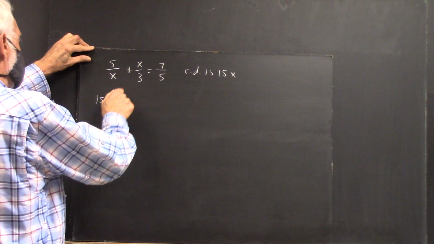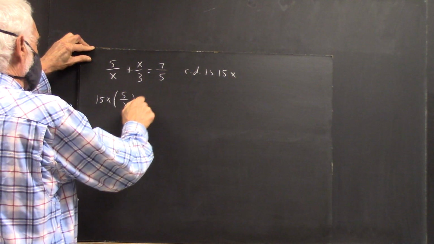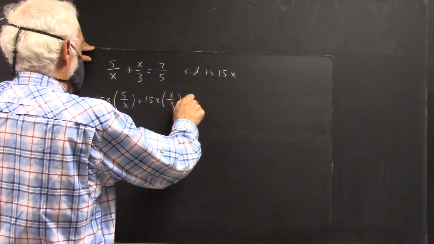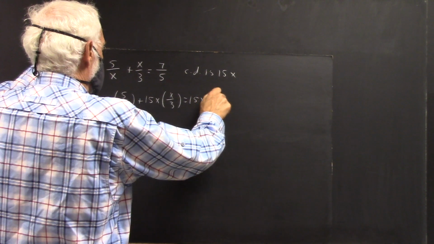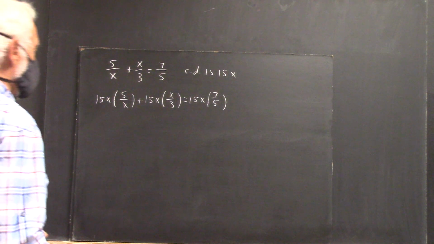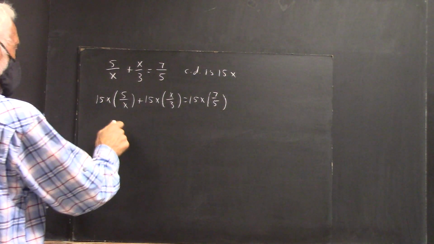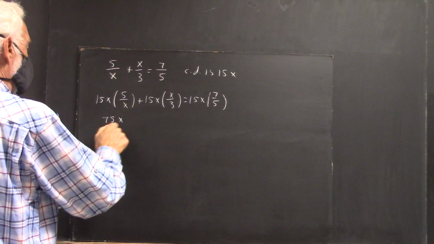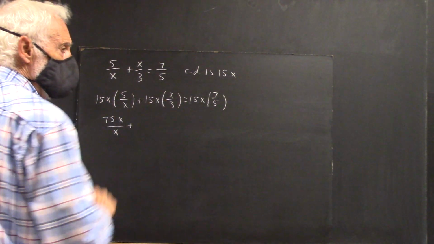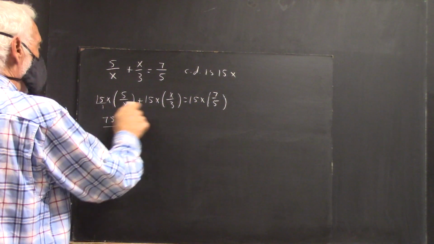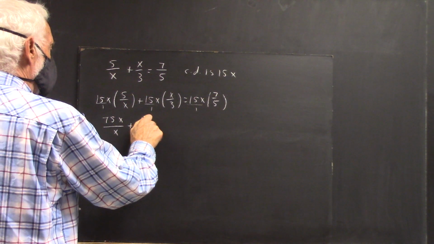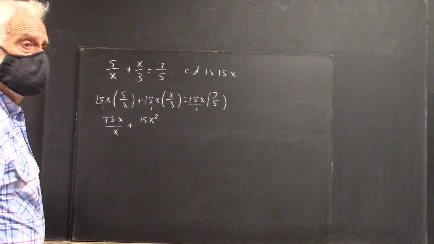So we do 15x times 5 over x plus 15x times x over 3 equals 15x times 7/5. Well, you multiply this out, I'm going to actually multiply it out, you get 75x over x. Now, what's 15x times x? It's like 15 over 1 times each thing, right? 15x multiplied by x is 15x squared, isn't it?